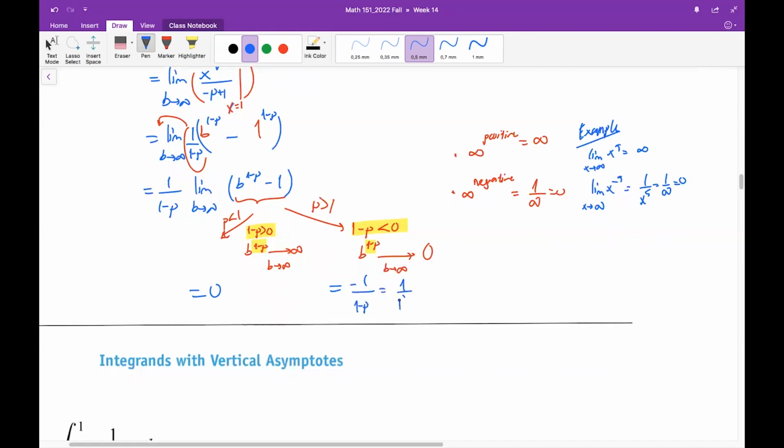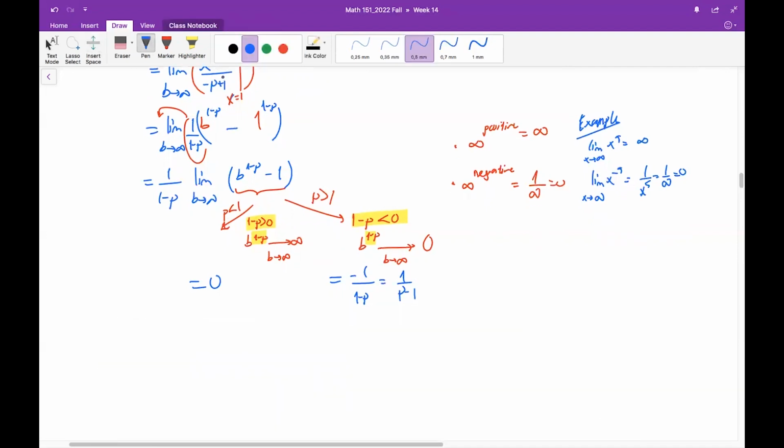So the result is 1 over p minus 1 in that case. Okay, I am talking about this overall limit at the end. These are the results for the whole limit in these two different cases.